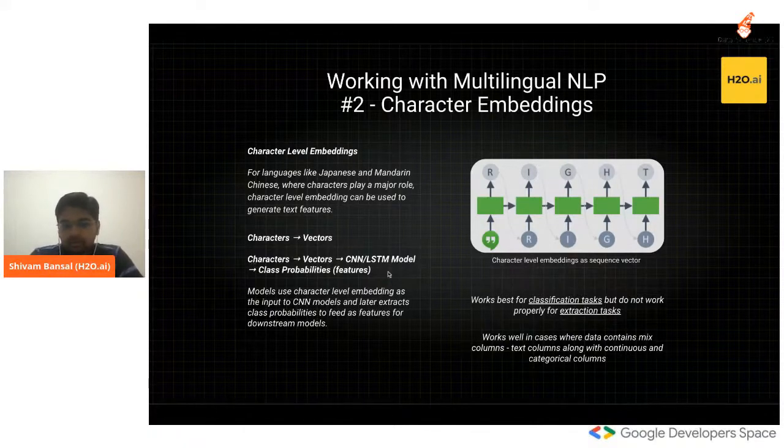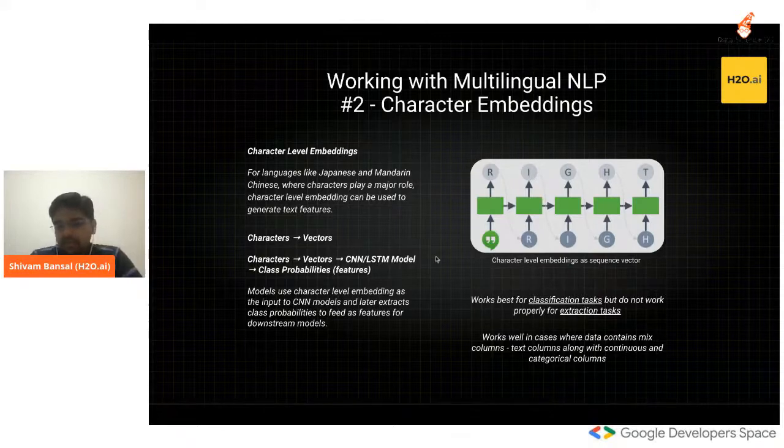So in this approach, our idea was mainly to capture the context which is associated with different characters, and either use them along with other features that are available in the data, or use them directly in the model that we want to use.